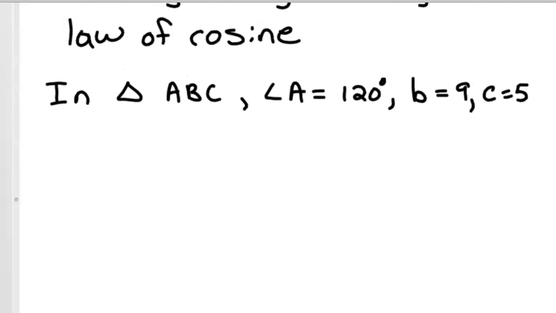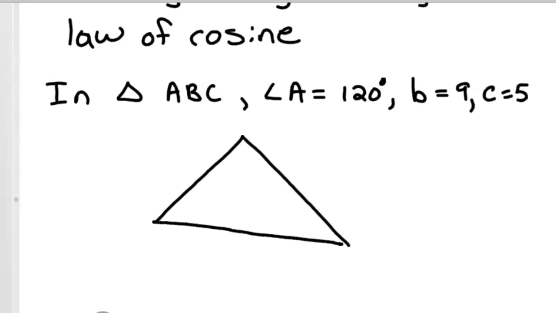Most of the time, the triangle will already be drawn for you, but this gives you a little more of an advanced view. So A, this looks like a 120-degree angle. This is B. So little b would be 9 because you always go across from your angle for your side. And here's C, so little c is 5.